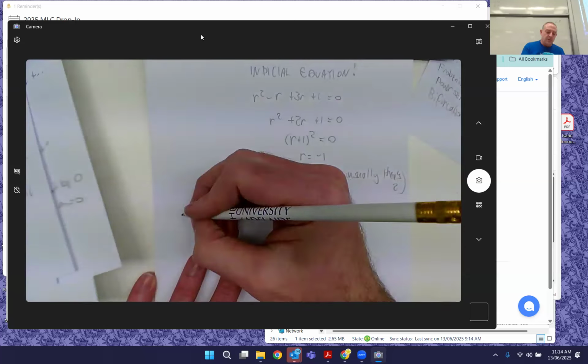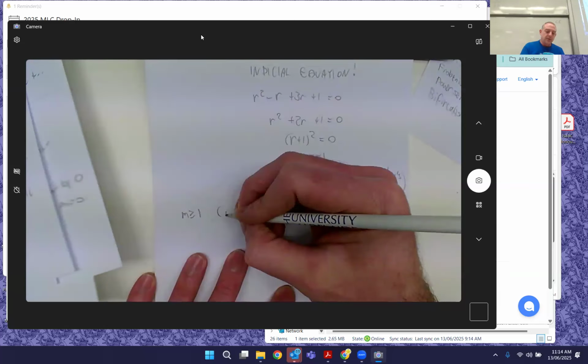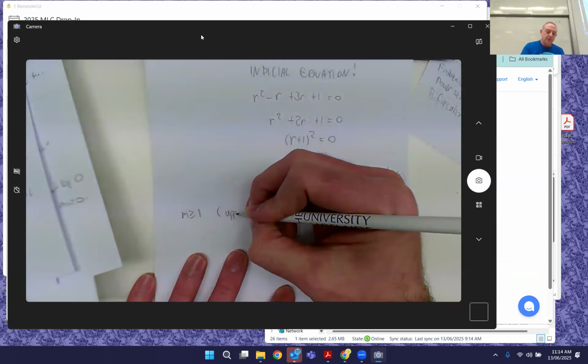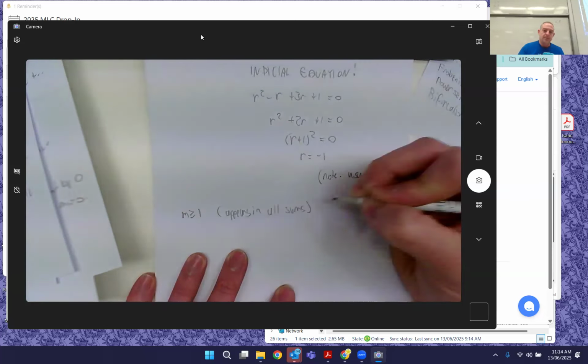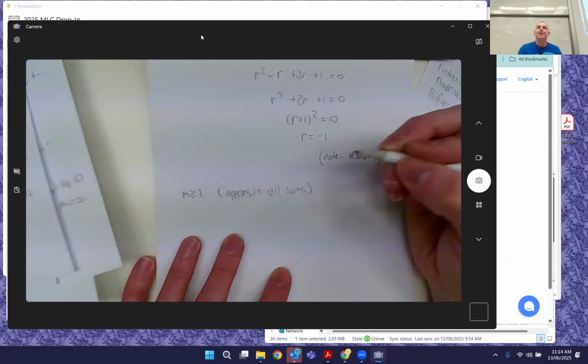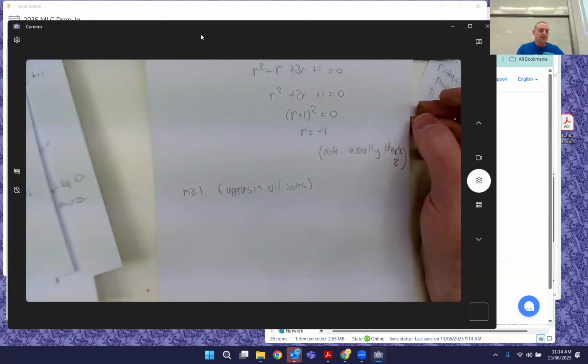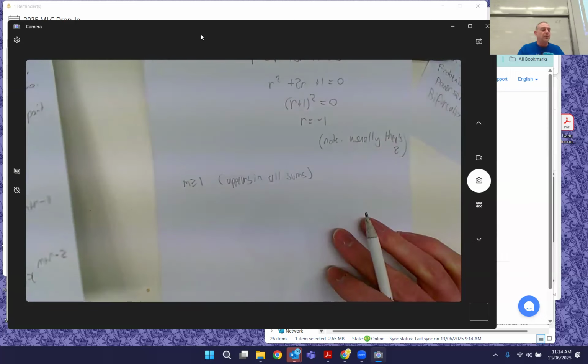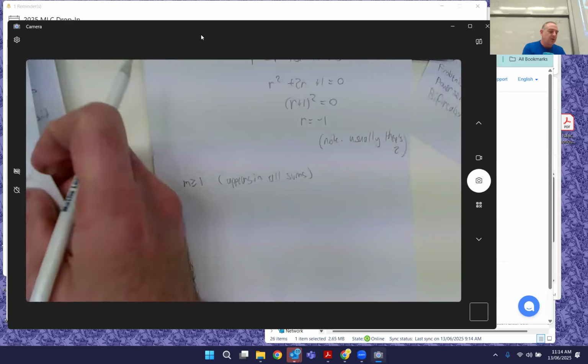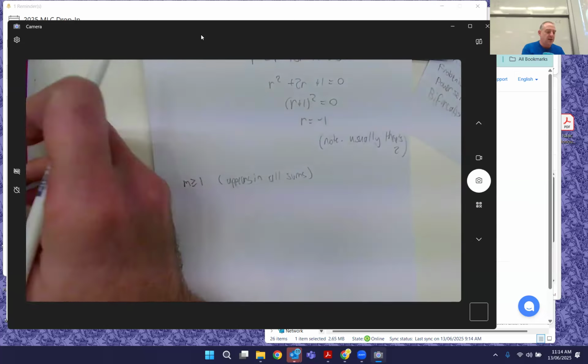So m is greater than or equal to 1, and that appears in all the sums. And so therefore I can just add all my sums together.